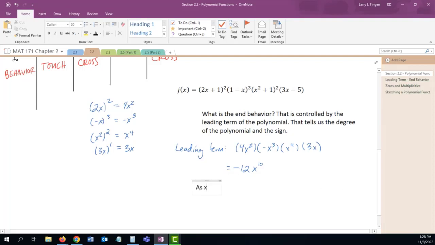So as x gets larger and larger, y tends toward negative infinity.